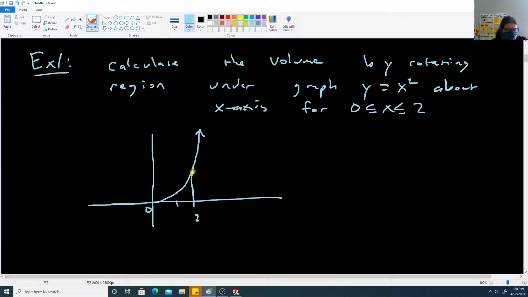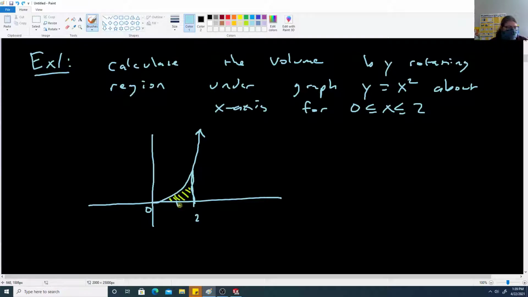This is the area we're going to revolve, and if we revolve it, we get basically a little cone shape. This part here, when we revolve it, will turn into kind of a circle, and as we revolve the rest of these, they'll make a little cone shape that comes to a point.